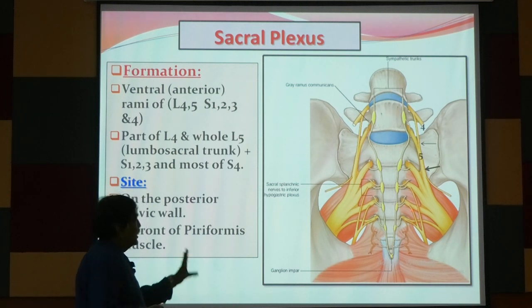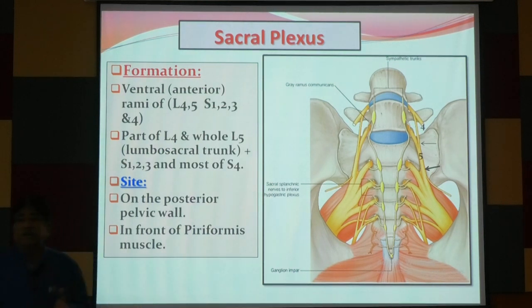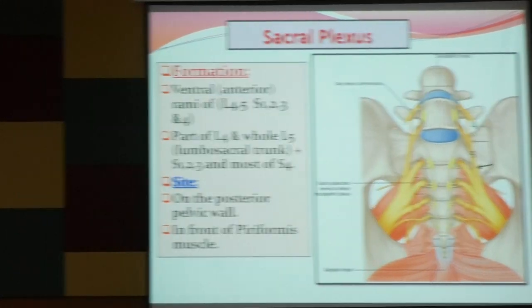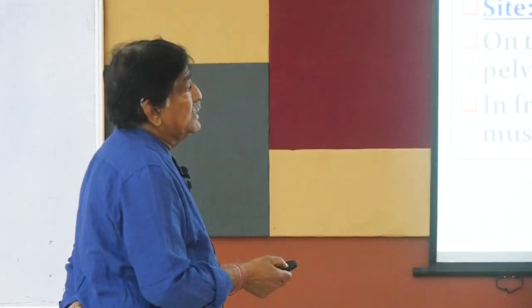Now, what I want to stress is this piriformis muscle. When you hold the bony pelvis, you will be seeing the two pelvic bones with the sacrum posteriorly that articulates anteriorly with the symphysis pubis, and that forms the pelvis. Now, you can see the nerves emerging from these foramina.